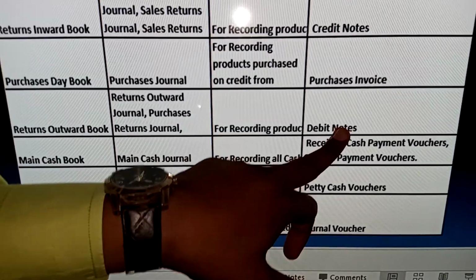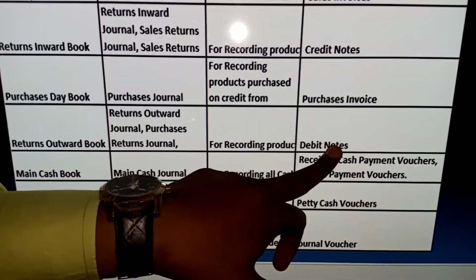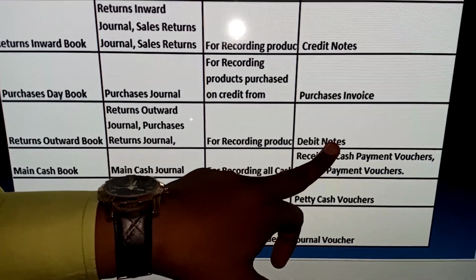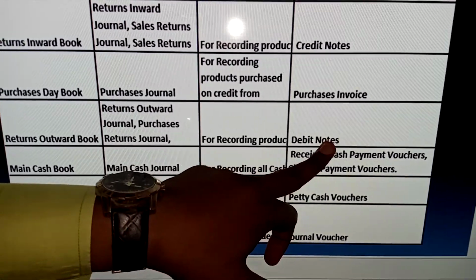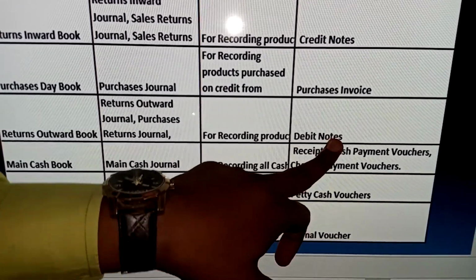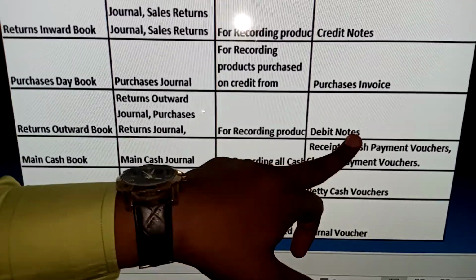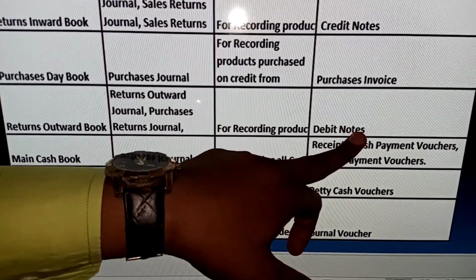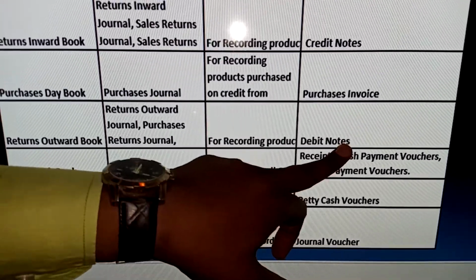The idea here is that when the credit note gets to you, it means they are reducing what they are owing you. But you are also going to reduce what you're owing them by debiting them. So technically, you are issuing them a debit note. So we can say debit note issued or credit note received.